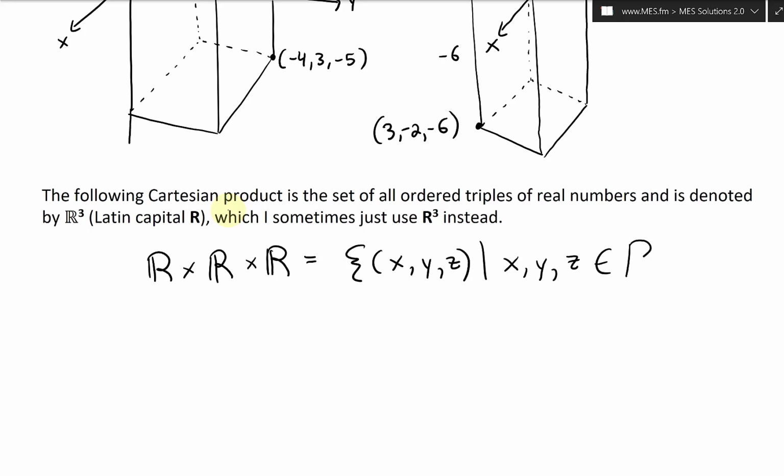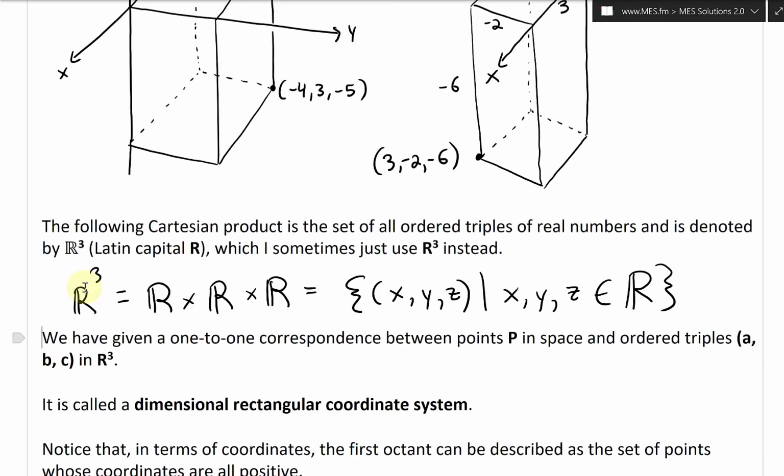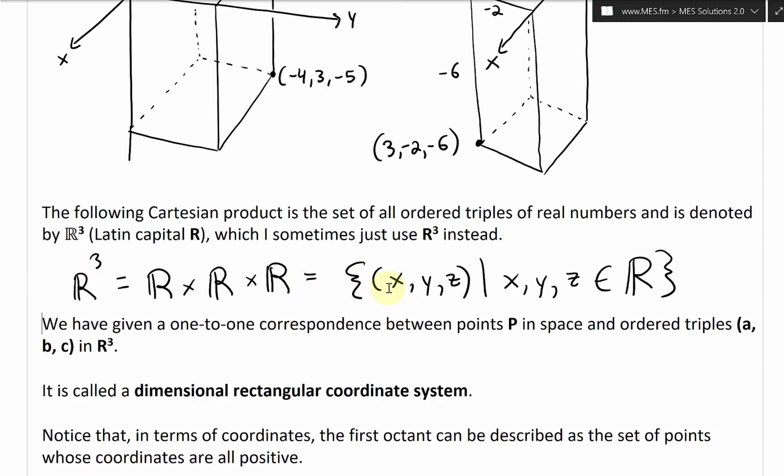In other words, these are all just real numbers. So this is the set where x, y, z are all just real numbers, or it's a collection of all the points. And just for completeness, this R times R times R is indicating this is our R cubed.